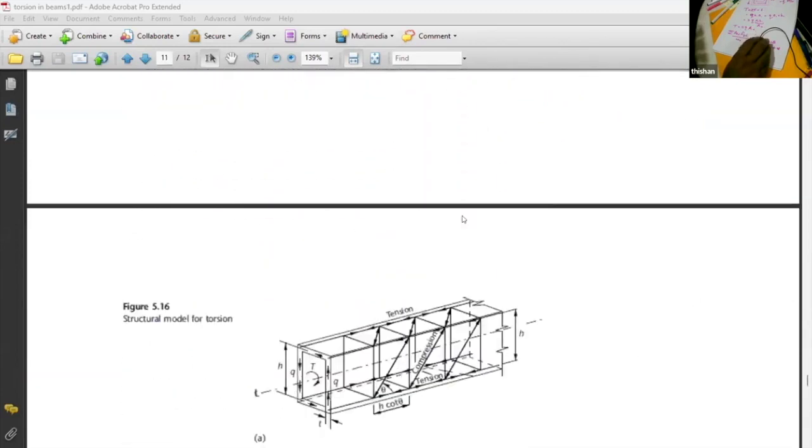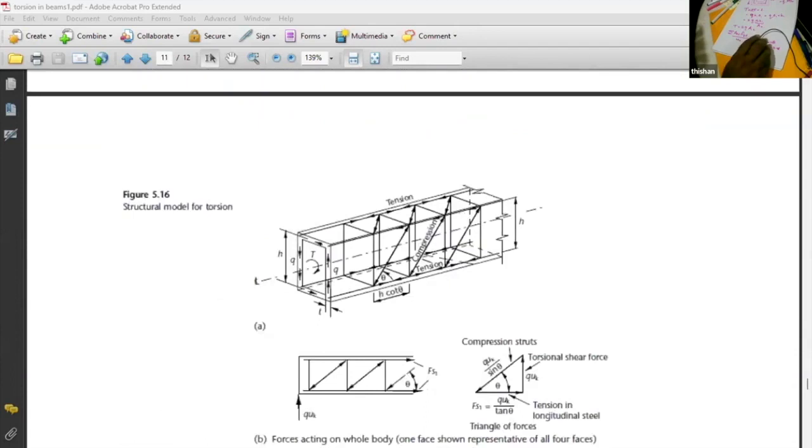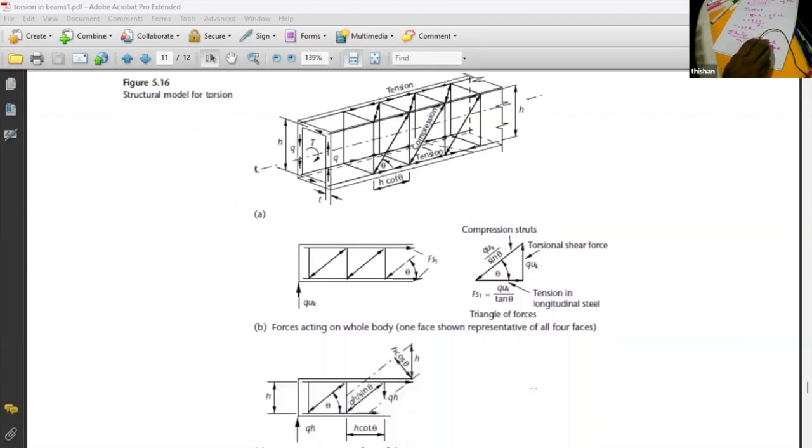Then we look at this diagram, and the torsional shear will give a shear force of q times uk. There's a force triangle as you can see here, and this is q times uk. This is q times uk divided by sine theta, and then cos theta will give you q times uk over tan theta as the horizontal force.